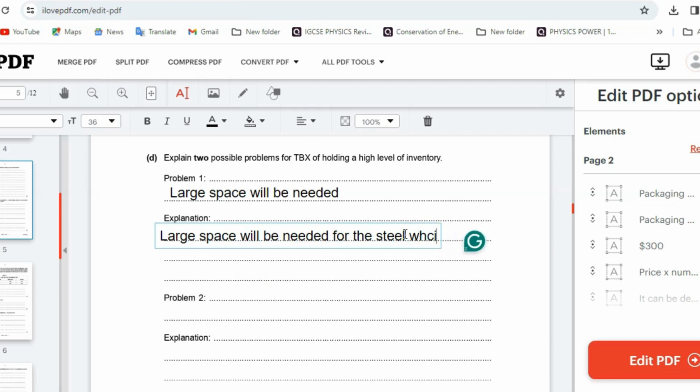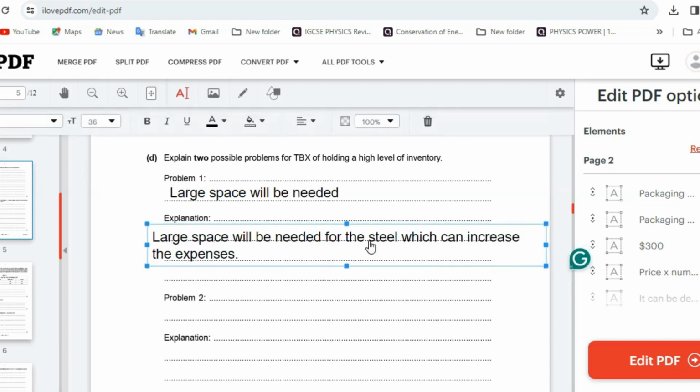And this can do what? Of course, it will increase the expenses or the fixed cost.